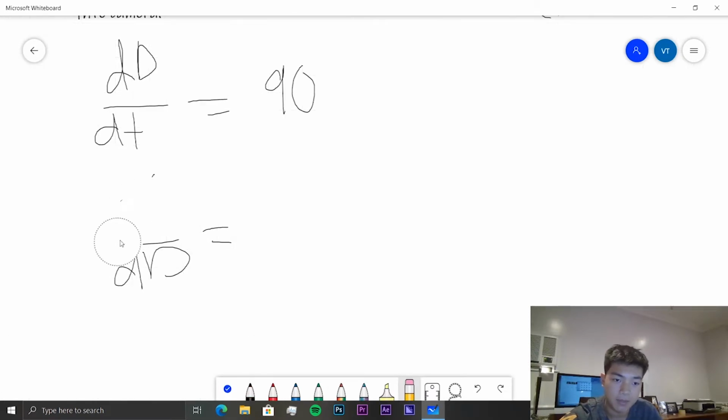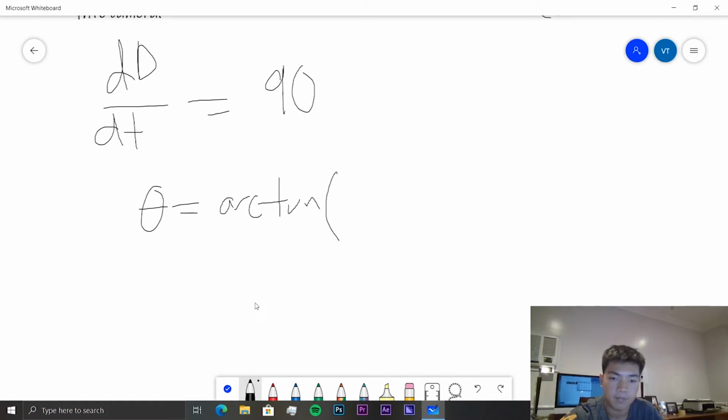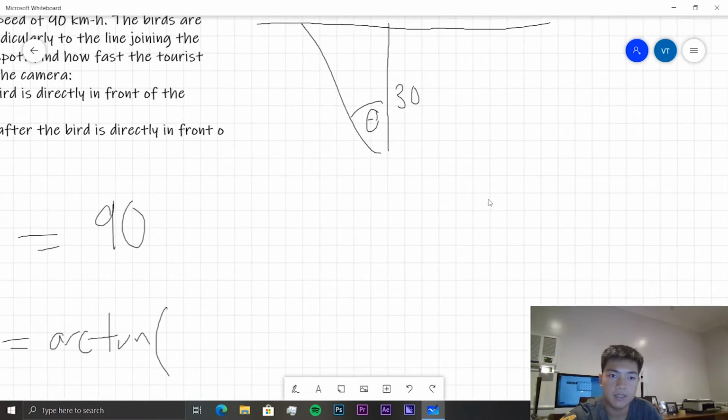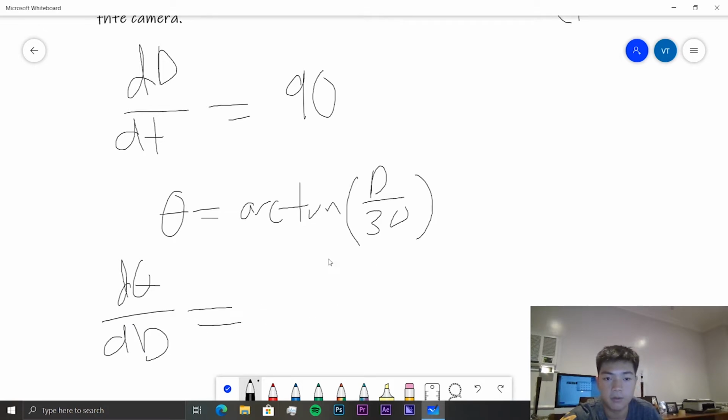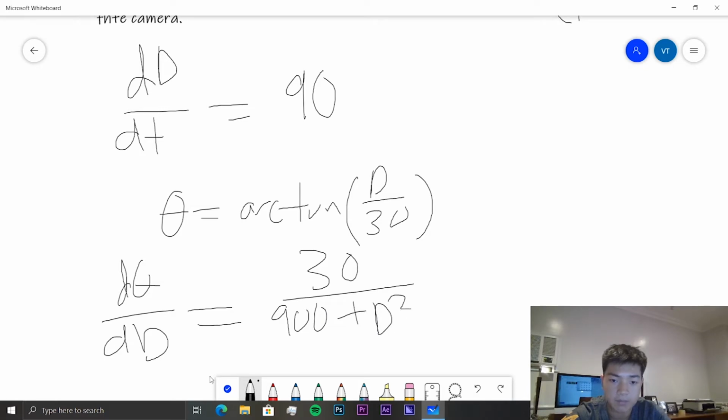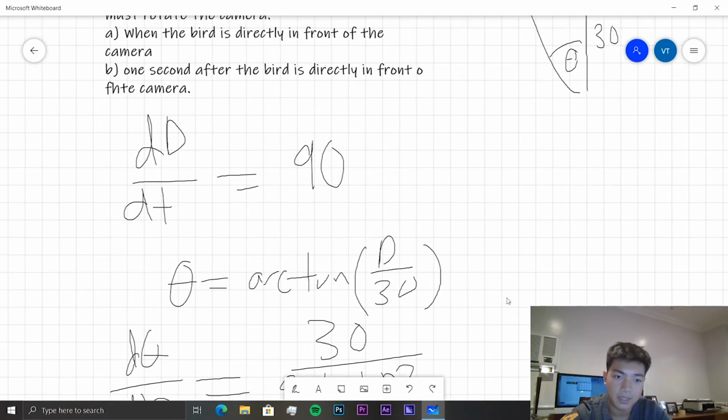We know that theta is equal to arctan of d over 30. So d theta over dD should be equal to 30 over 900 plus d squared. So now we can combine these two equations.